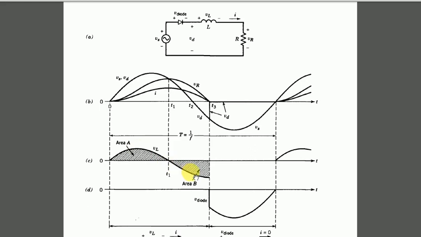So the diode keeps conducting till the current becomes 0, and that is the point when the diode becomes reverse biased and the source voltage appears across the diode. Until then the diode keeps conducting.